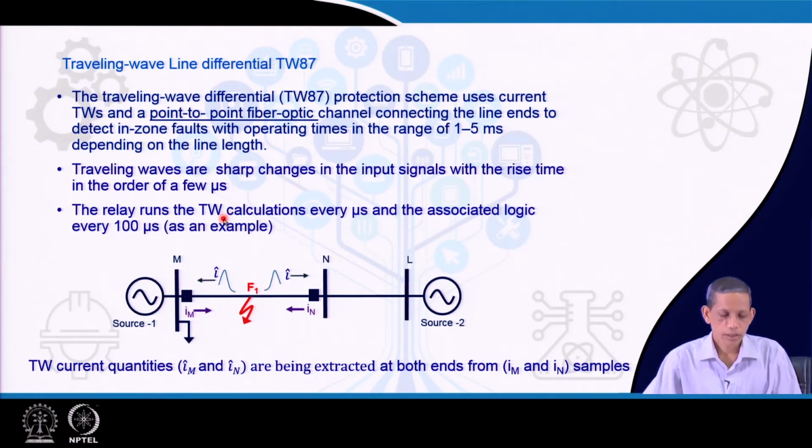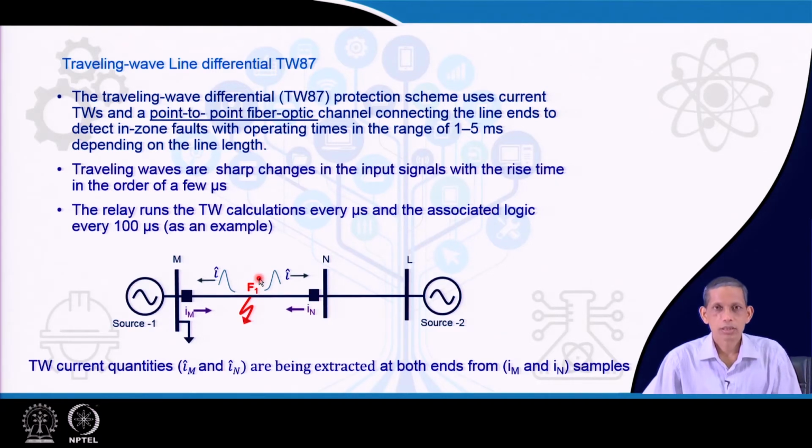The relay runs the travelling wave calculations every microsecond, at a 1 megahertz sampling rate, and the associated protection logic can be managed every 100 microseconds or so. So, let us say an internal fault happens at F1.